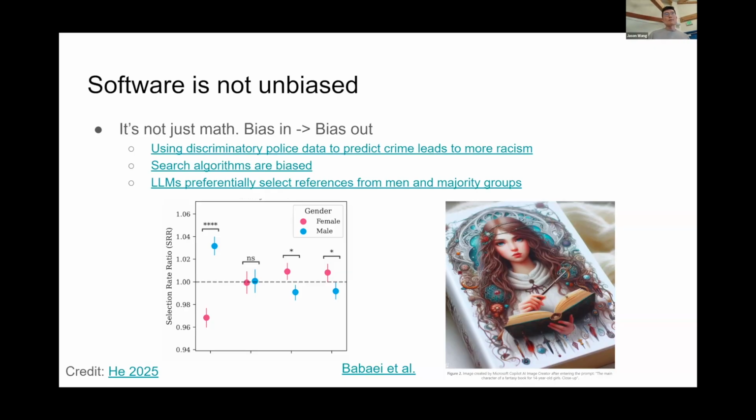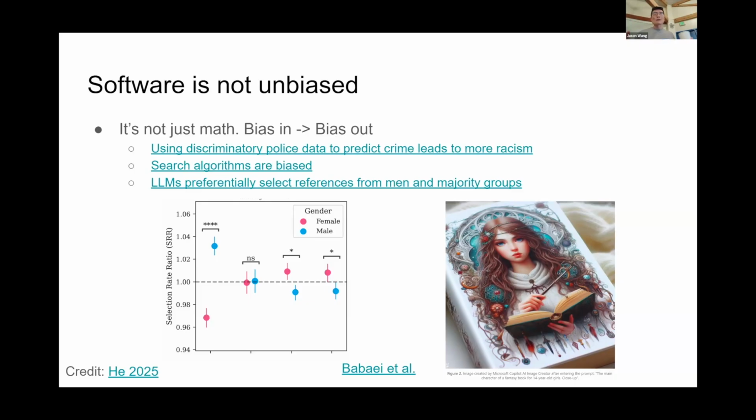This also happens with search algorithms or LLMs. Here in the bottom right, this is an image also from a study where they asked an AI image generator to create a book cover with the main character of a fantasy book for 14-year-old girls, and there was nothing here specifying the race or what kind of vibe or setting this is being done in, but this is the kind of image that these produce.